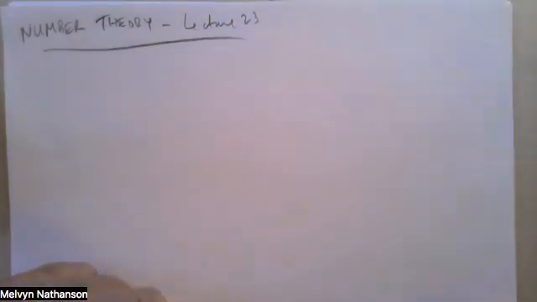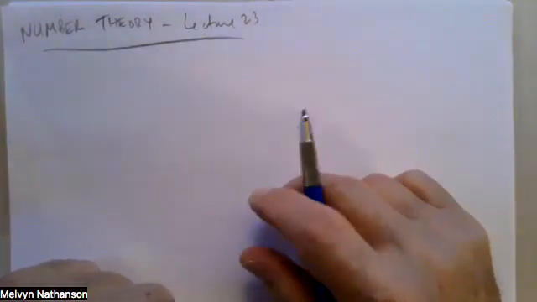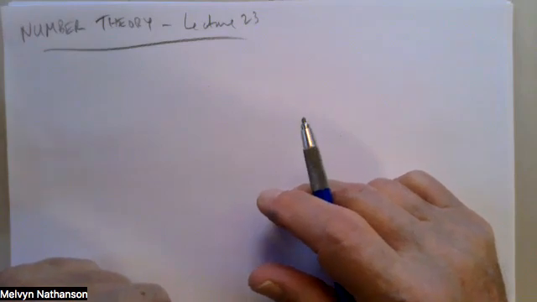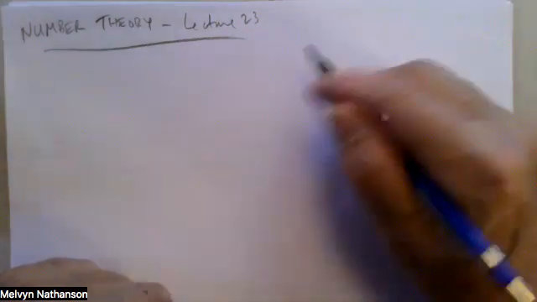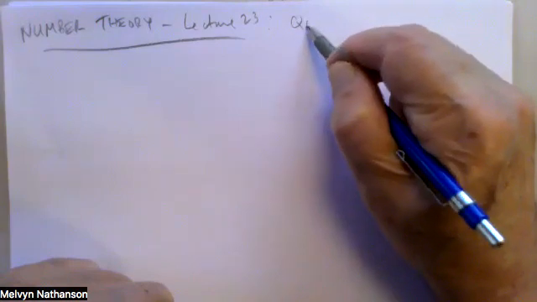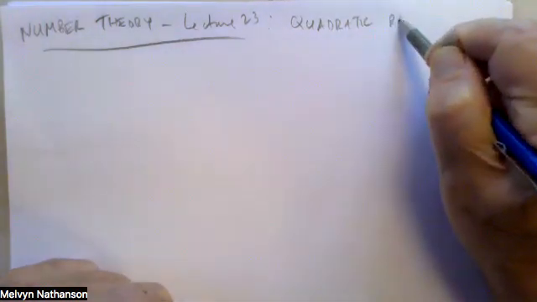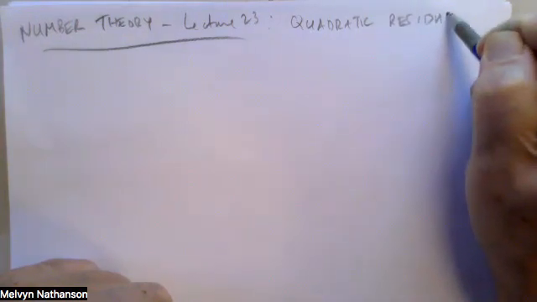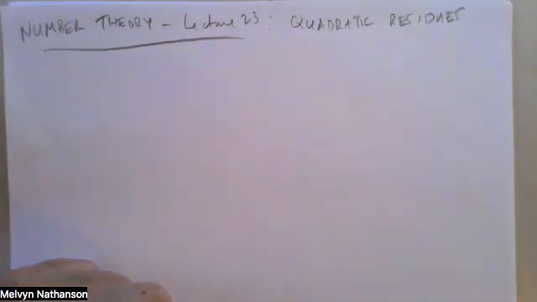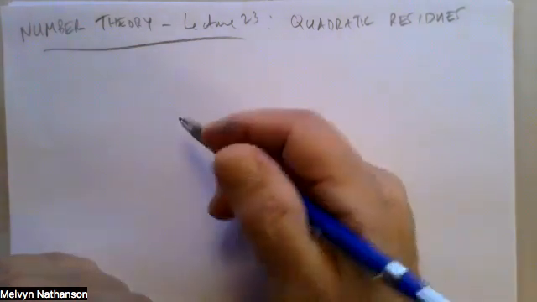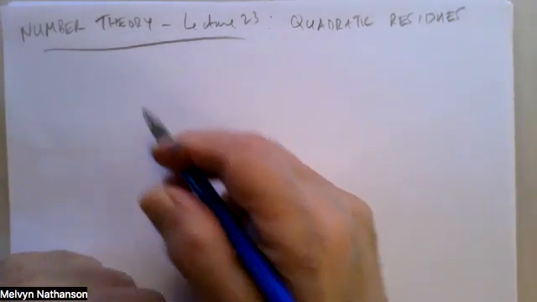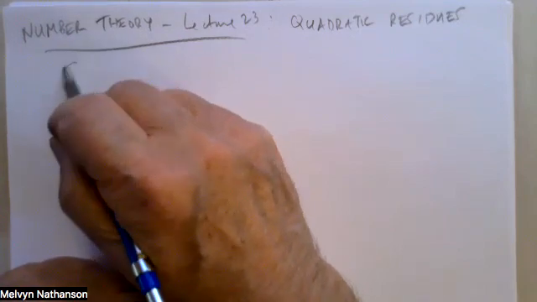So in lecture 23 of number theory, I began to talk about the subject of what are called quadratic residues. As with a lot of number theory, it starts with solving equations.